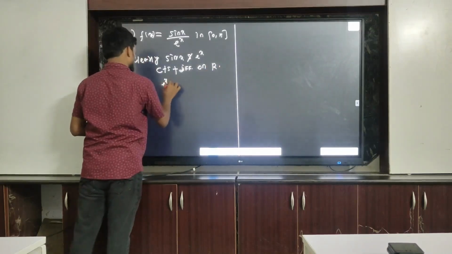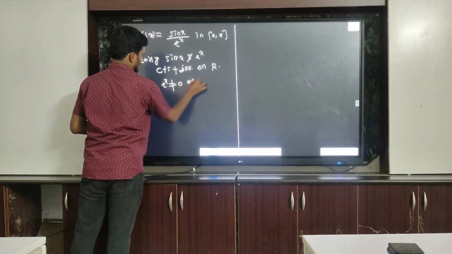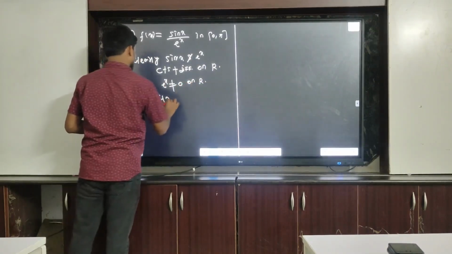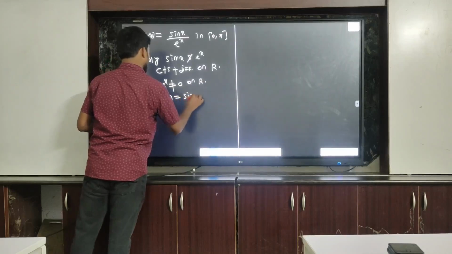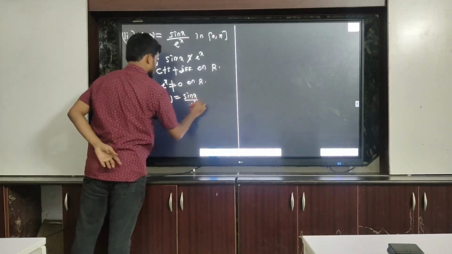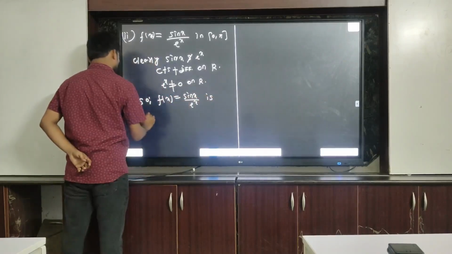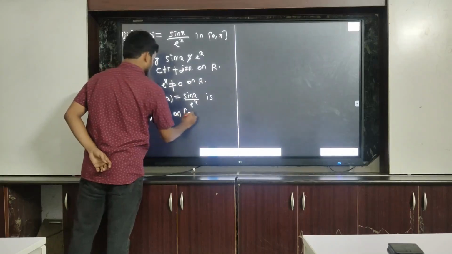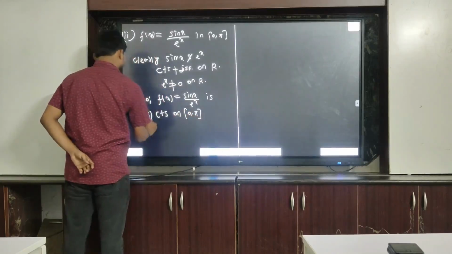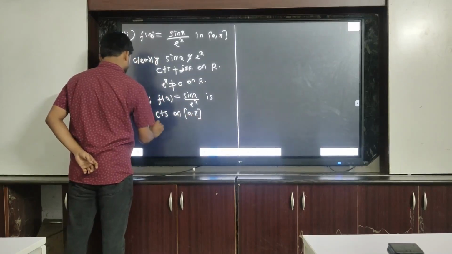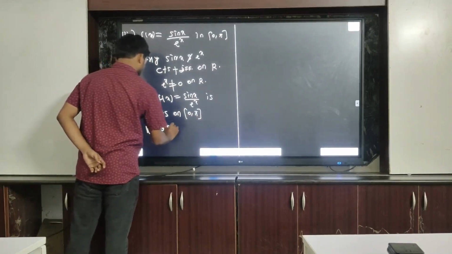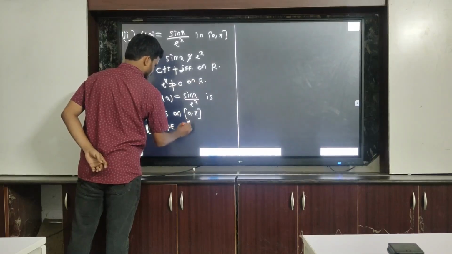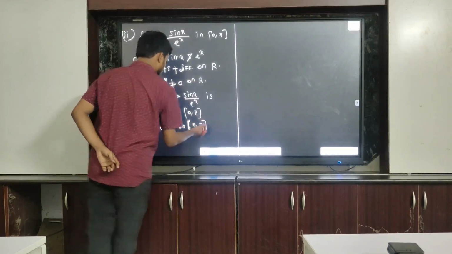And e to the power x is not equal to 0 on R. So f of x is equal to sin x by e to the power x, which is continuous on the closed interval 0 to pi and differentiable on the open interval 0 to pi.